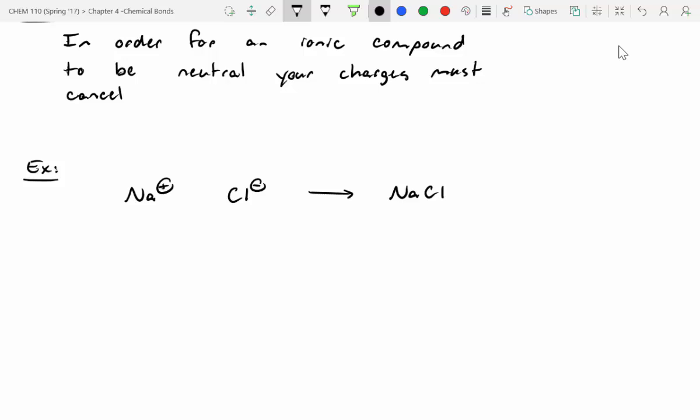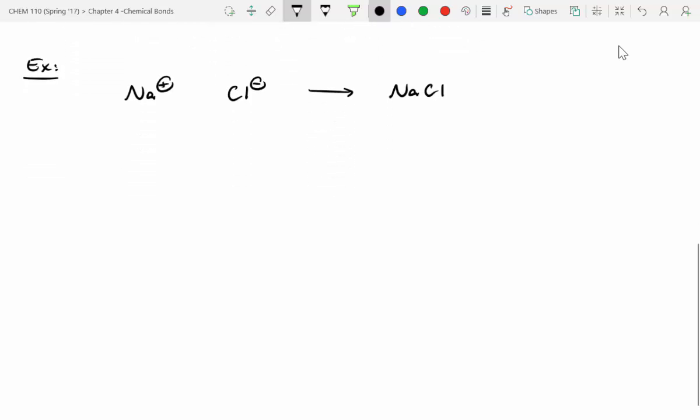But let's do some trickier ones. Okay. What is the salt that forms, meaning the ionic compound, when potassium reacts with oxygen?